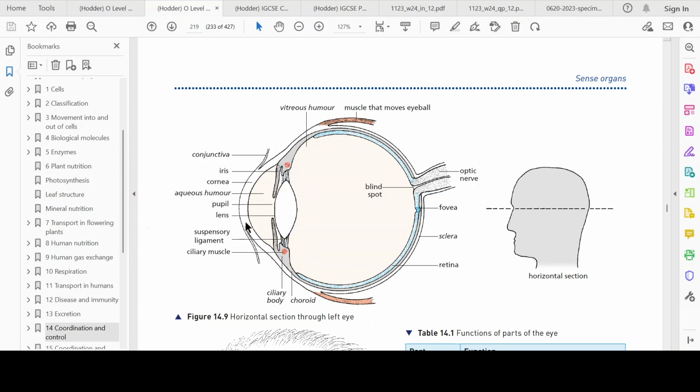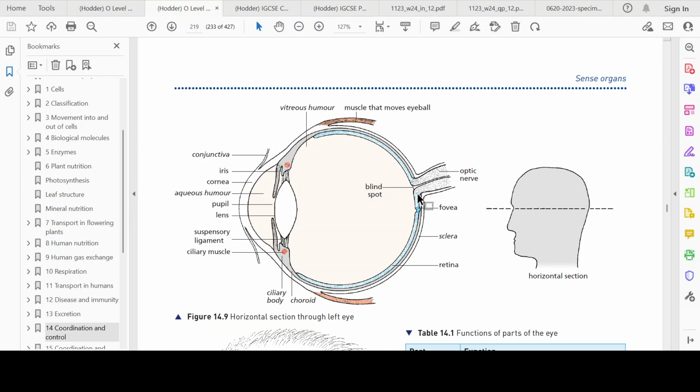You have the pupil in front of the lens, and you have the cornea, and the retina at the back. There's this part called the fovea, where most of your light receptors and color receptors are concentrated. And then you have your optic nerve, and right in front of the optic nerve on the retina is what's called the blind spot.